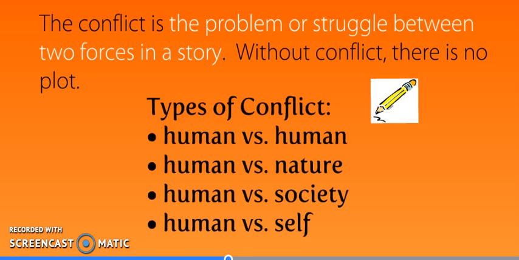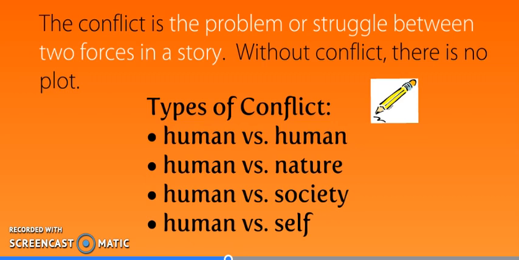Now, there are different kinds of conflict. Sometimes you get human versus human, where you have two people or two groups of people going at each other. You have human versus nature, where the people are dealing with some sort of catastrophic event, like an earthquake or a hurricane.